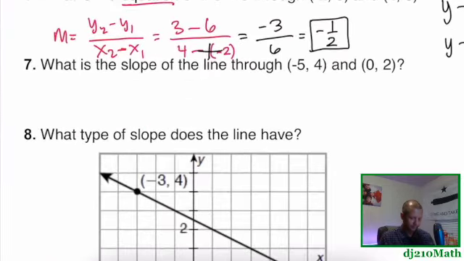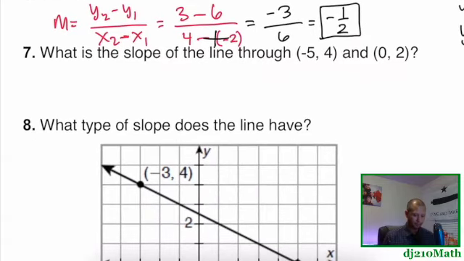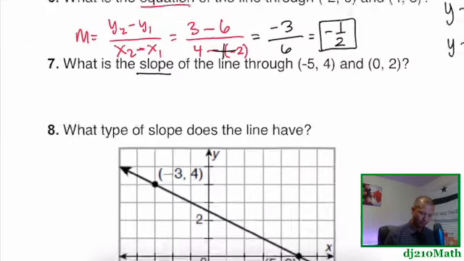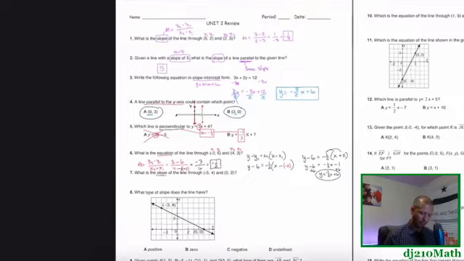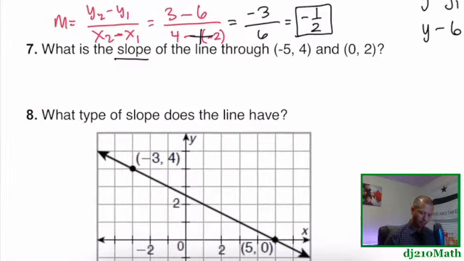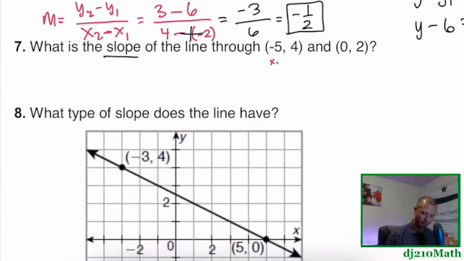Number 7. What is the slope? Again, slope of the line through the 2 points. This is literally like the first question, just with different points. So x1, y1, x2, y2.